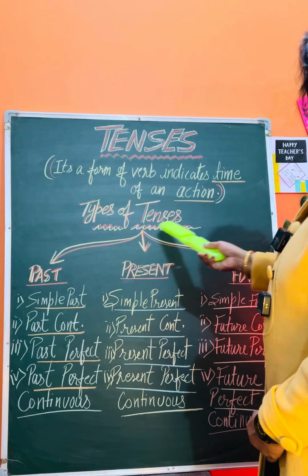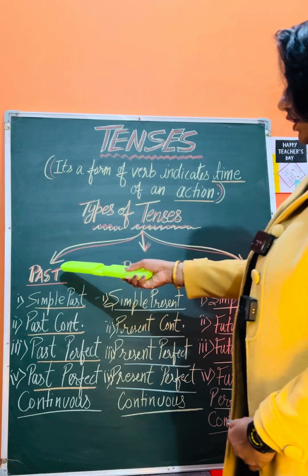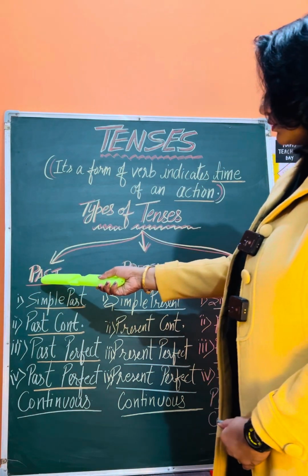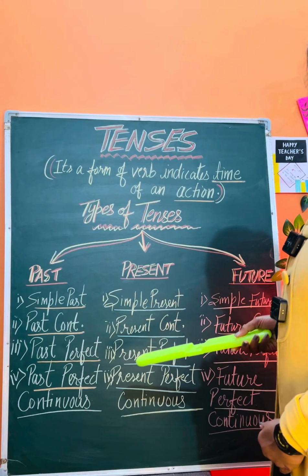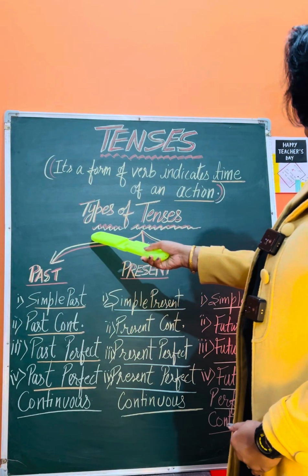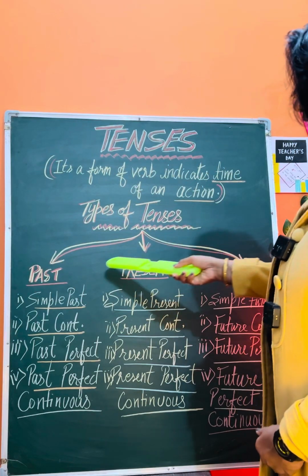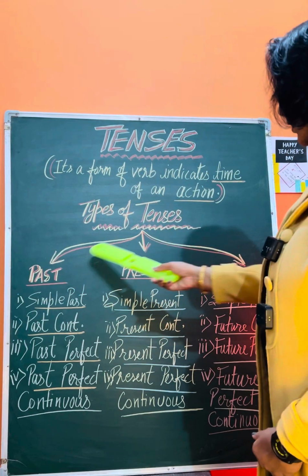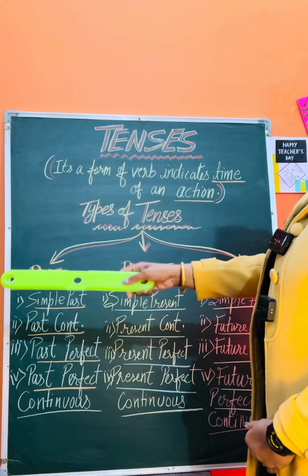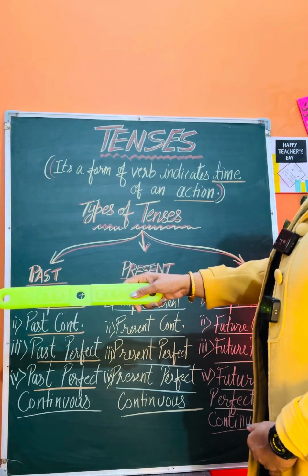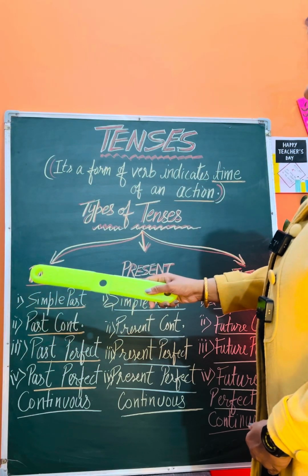So that's why tenses are divided in that way. The first type is past tense, the second is present tense, and the third is future tense. Majorly, tenses are of three types: past, present, and future. Past refers to an action already done in the past, before the current time.